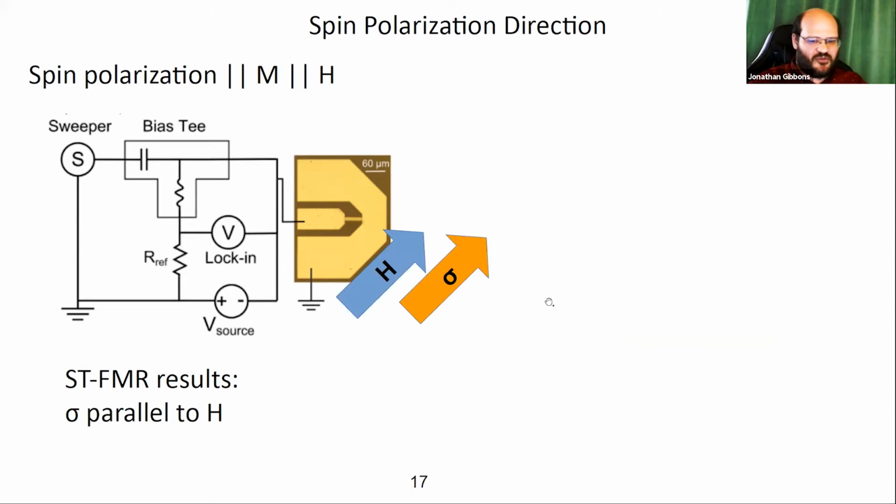So what directions are all of these things in? Well, for this experiment, for STFMR, you apply a field at a 45-degree angle to your underlying devices. So we expect the field to be saturating the permalloy, and therefore, since we know the spin polarization is parallel to the permalloy magnetization, we imagine that the spin polarization is in that direction as well. Now, these are grown on MgO substrates, and the devices are grown parallel to one of the MgO crystal axes.